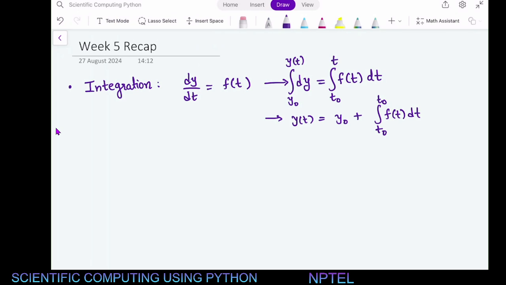This is how basically any differential equation will be solved eventually. Obviously not all of them are going to be this simple, but no matter what it is, we are going to do an integral at the end of the day, and that's why we are interested in calculating the integral numerically. And so how do we do that?